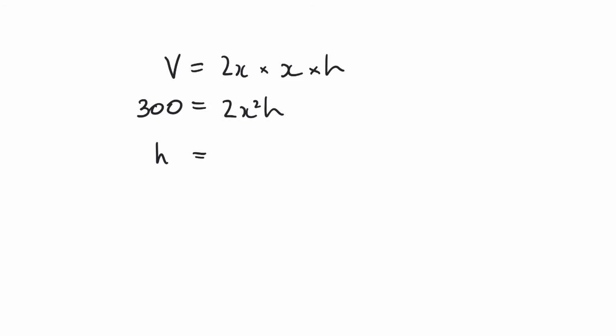So to do that, we're going to divide 300 by that 2x squared. Okay, so now when we get to our surface area, we can substitute for h, because that's going to eliminate the h from that equation. So wherever we do see h later on, we're going to be writing 300 over 2x squared.